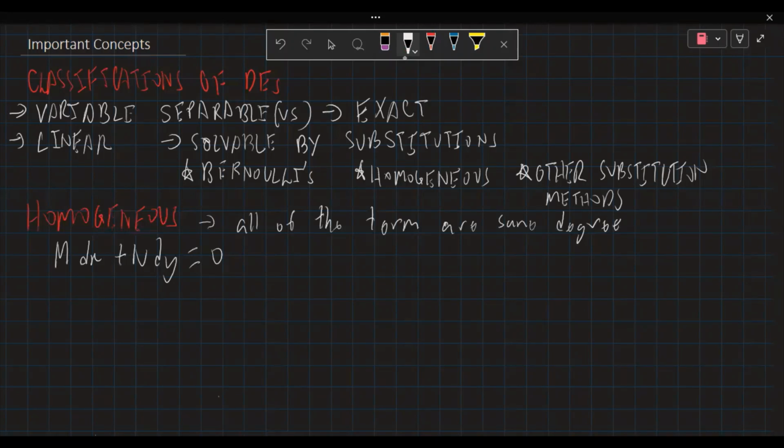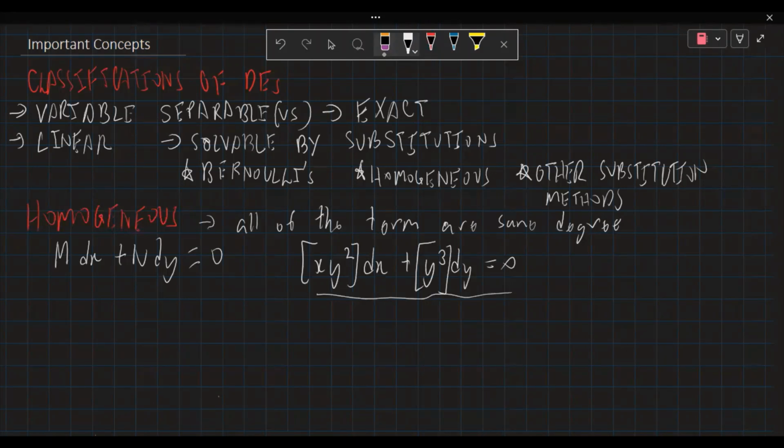So in this case, let's say we have x y cubed, and then x y squared pala, dx plus y cubed plus dy. This is a homogeneous function because yung ating terms dito next to our dependent variables x and y, it totals into 3.